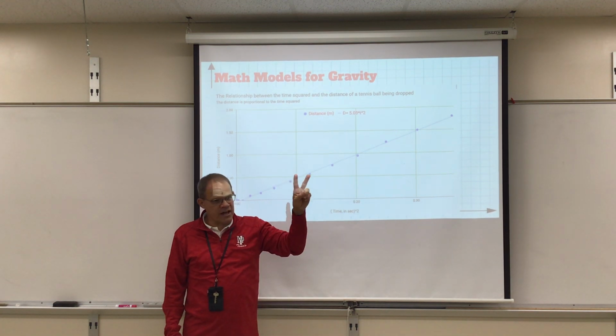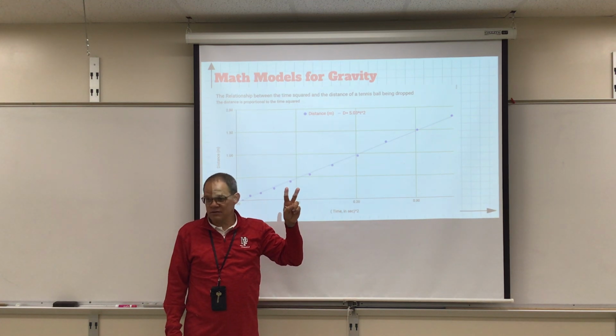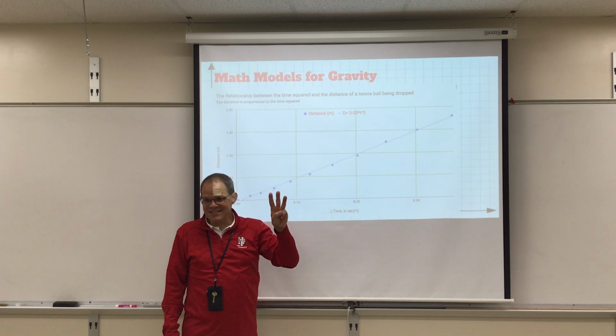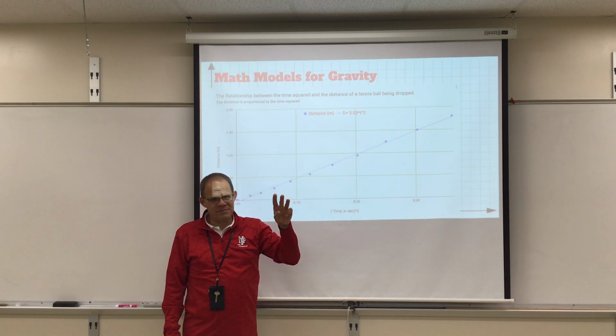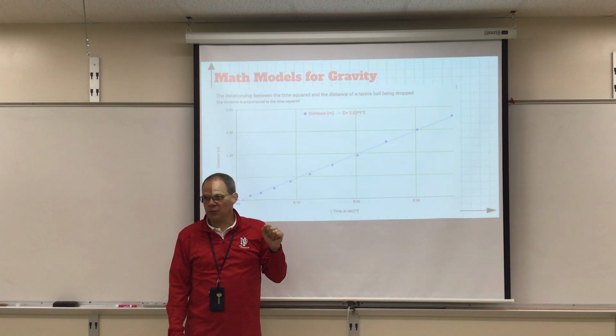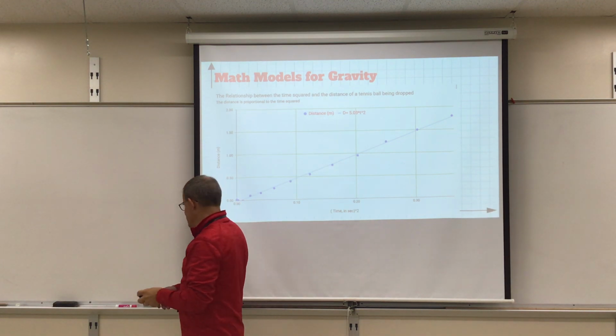If it falls for 2 seconds, how far does it go? It'll go 20 meters, right? 2 squared, 4 times as far. If it falls for 3 seconds, 3 times as long, so 3 squared, 9 times as far. It'll go 45 meters. Okay, that's the idea.